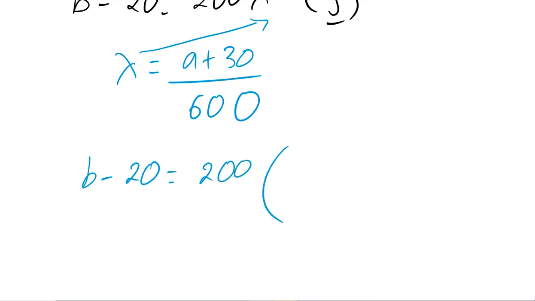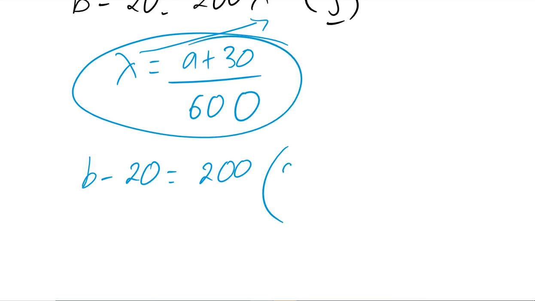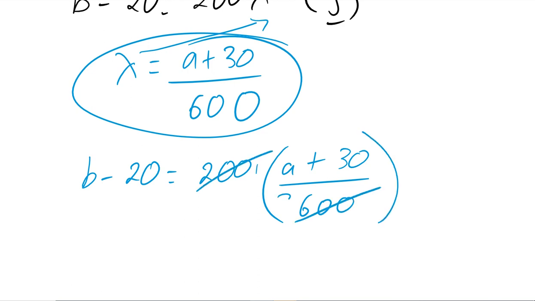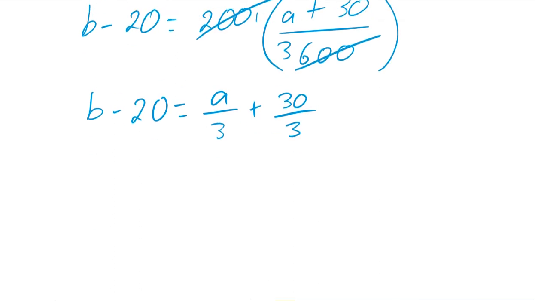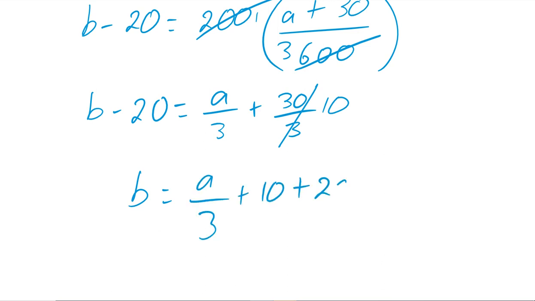Instead of lambda, I put this value in here that I've just arranged, A plus 30 on 600. So that can cancel with that. That's 1, that's a 3, which becomes B take 20 equals A on 3 plus 30 on 3. And we know that this just gives me 10, which means that B is going to be A on 3 plus 10 plus 20. Therefore, B can be expressed as A on 3 plus 30.